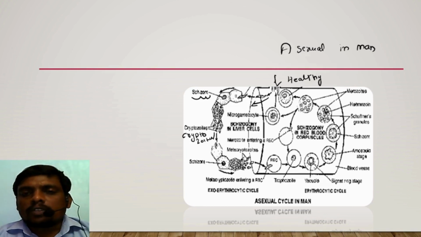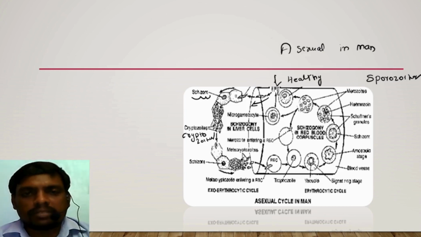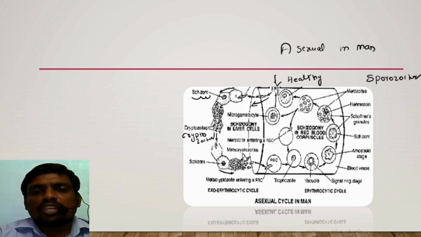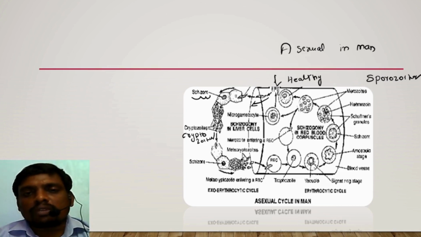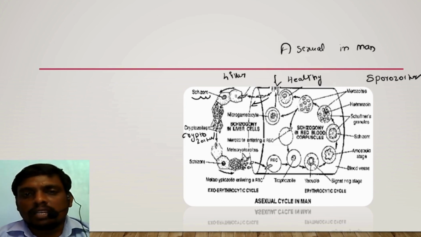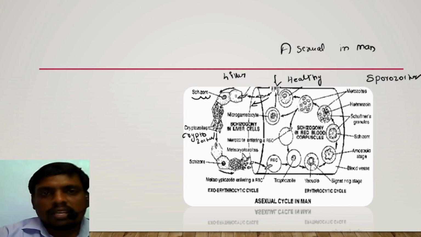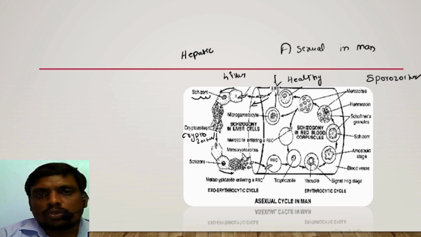The sporozoites that enter the human body reach the liver cells for further development. So the hepatic schizogony is nothing but the sporozoites undergoing further modifications inside the liver cells and completing one part of the life cycle in the liver cells. Hence, it is called hepatic schizogony.